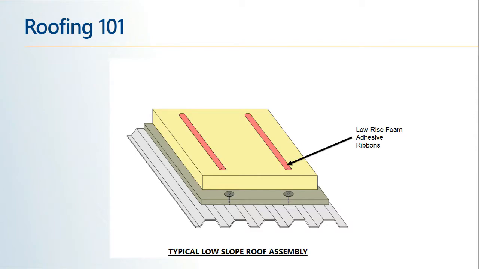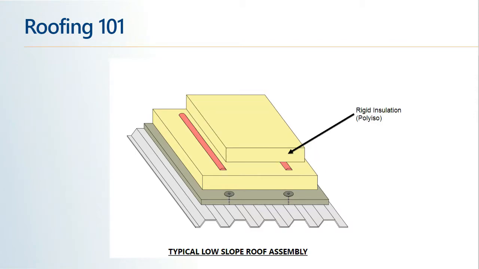And then over that, we put more adhesive ribbons, and then common in today's roofing construction, there's going to be multiple layers of roofing insulation. So we set that material in the adhesive and try to achieve it where we have the joints from the top layer and the bottom layer offset from each other to reduce air movement within the roofing system.